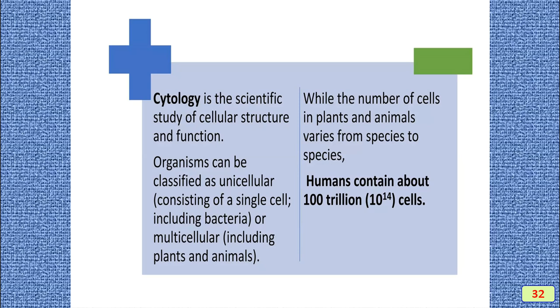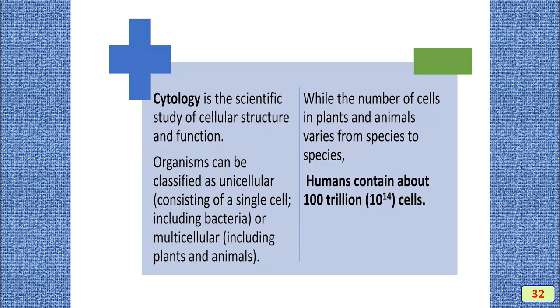and its organelles. Organisms can be classified as unicellular organisms like bacteria, protozoa, etc., which consist of a single cell, whereas multicellular organisms are the animals and the plants, while the number of cells in plants and animals varies from species to species.